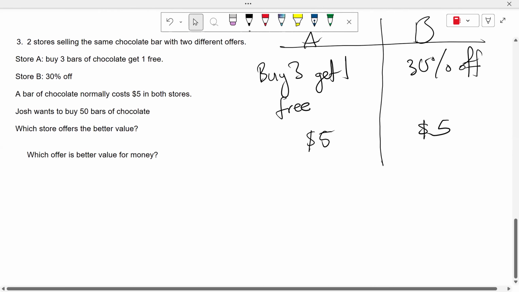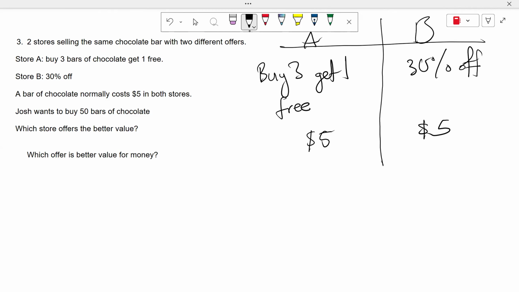Interesting. So what this means is that if I buy, let's say, 1, 2, 3, 4. For every 3 chocolate bars I buy, I end up getting 4 chocolate bars, because it's an extra one.